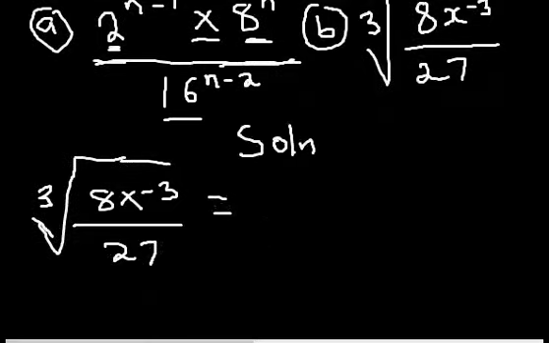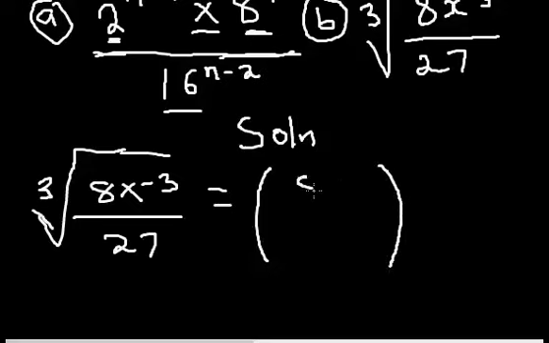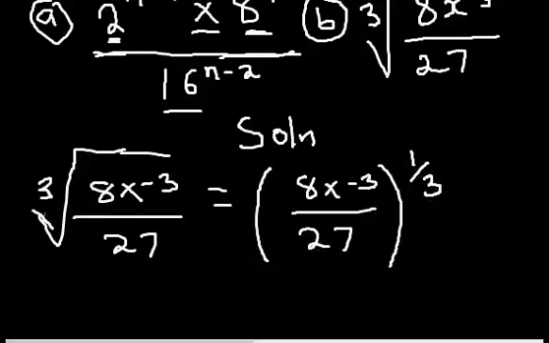Remember the root law. I told you that in the root law, the root now becomes a power, a reciprocal power. So I'm going to have 8x raised to the power minus 3, then divided by 27, because the root now becomes the reciprocal of the powers.